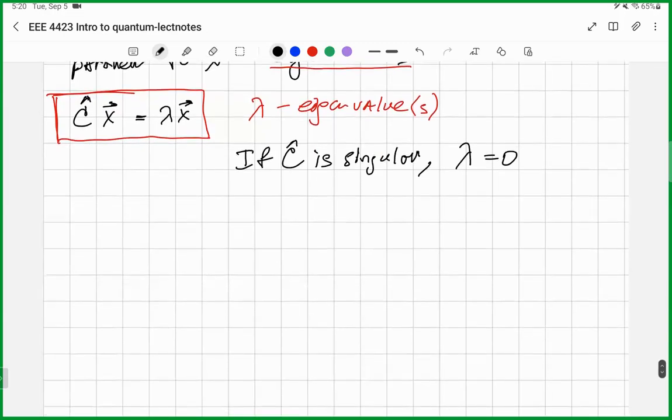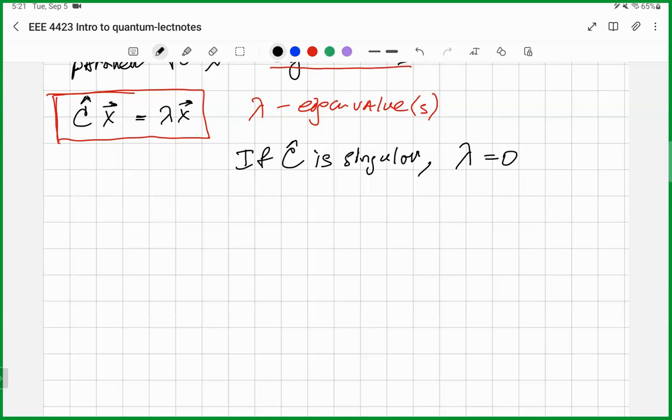Okay, so we have this equation, Cx equals lambda x, and we need to find the eigenvectors x and eigenvalues. How do we do so?